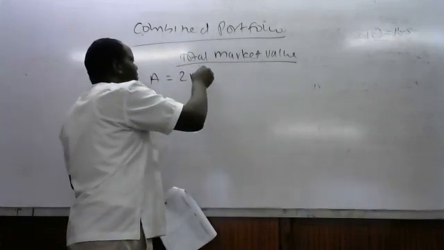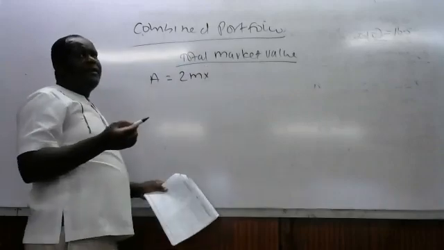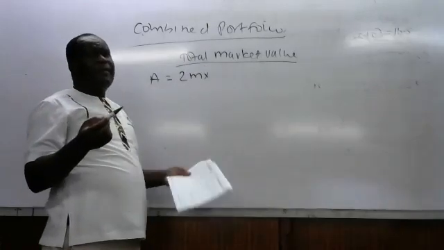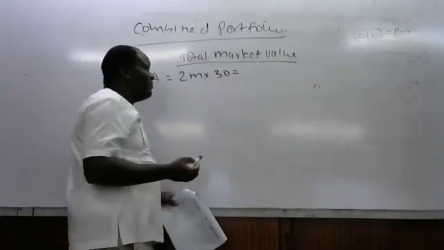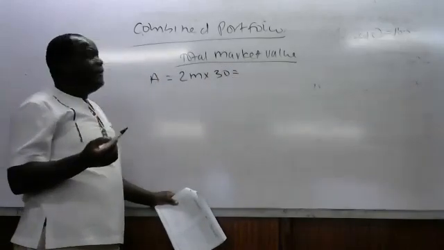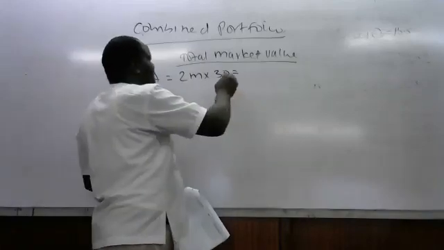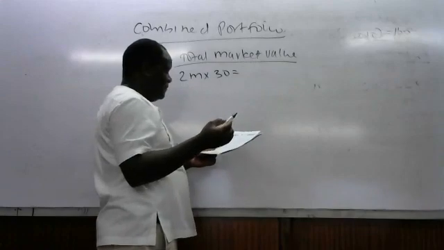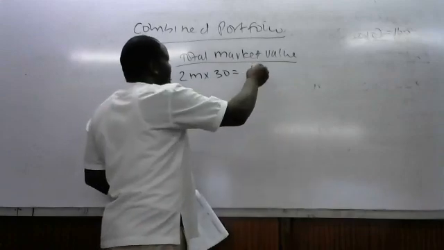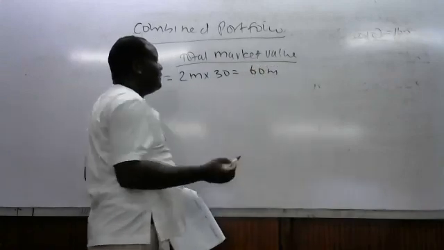You can see there are 2 million shares. The price per share was how much? 30. So when we multiply, we get the total market value for A, which was 60 million.